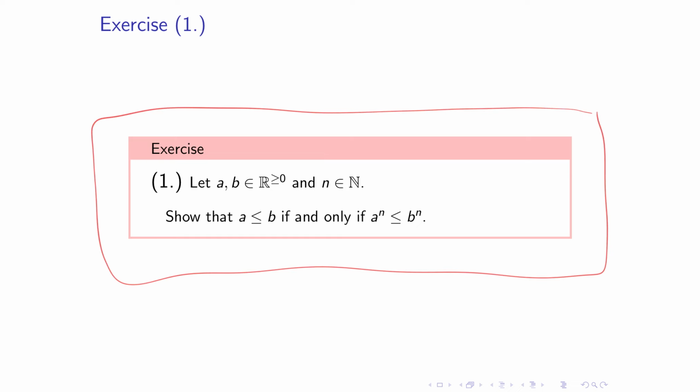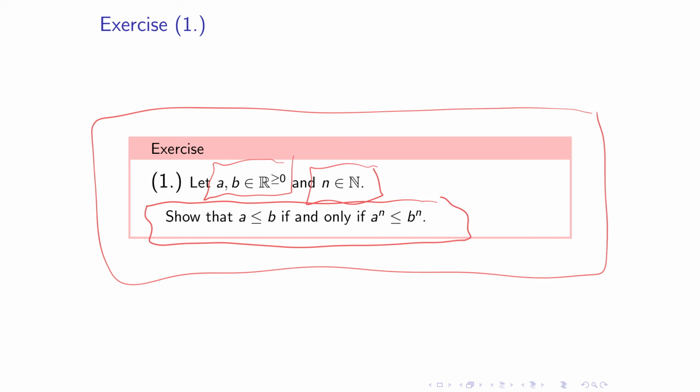And so we take any non-negative real numbers a and b, and a natural number n, which, I'll remind you, I believe the textbook begins the natural numbers with 1. So the smallest value of n here is 1. And for any natural number n, we will show that a less than or equal to b holds if and only if a to the n is less than or equal to b to the n.